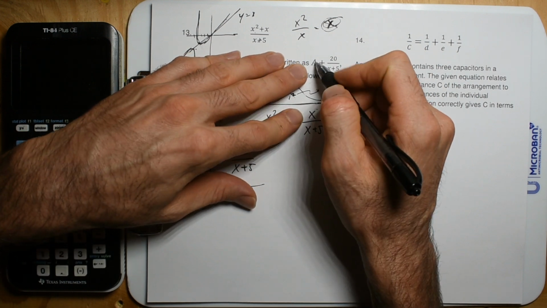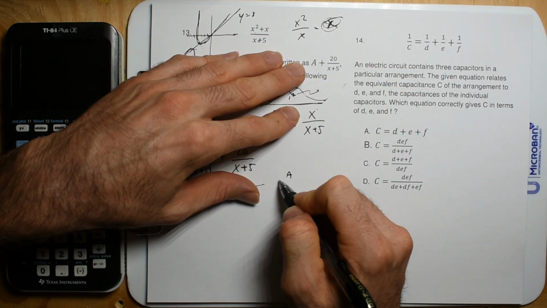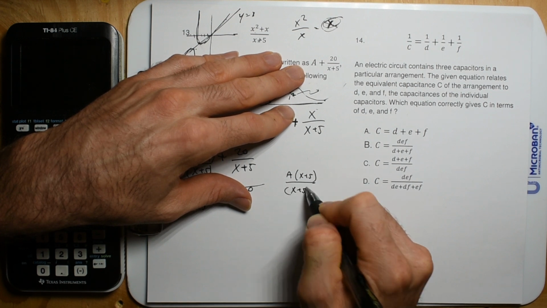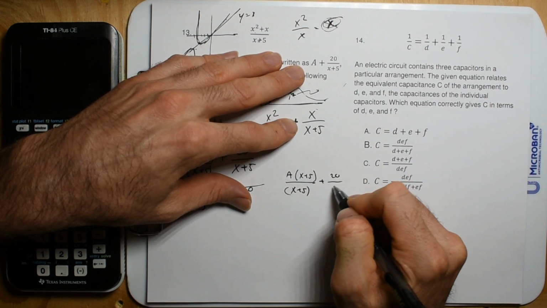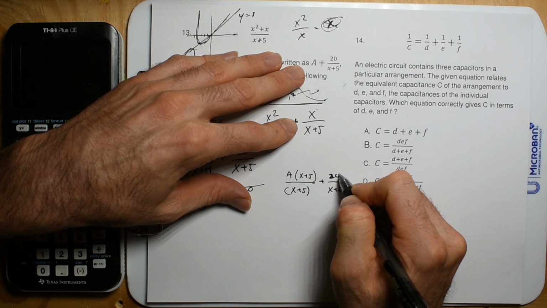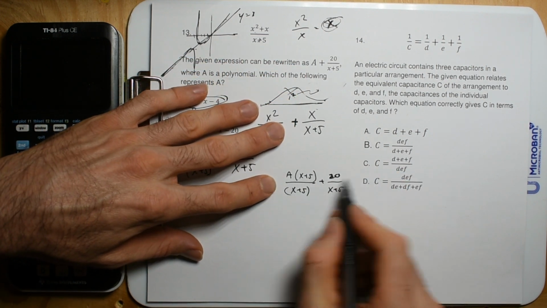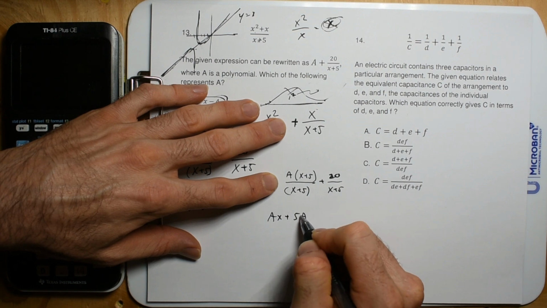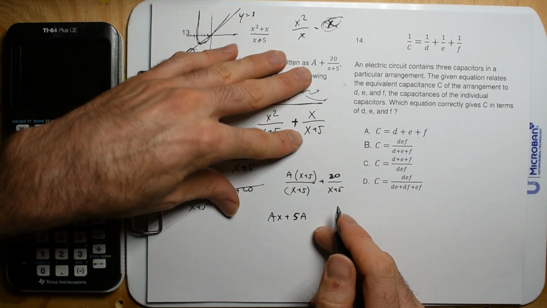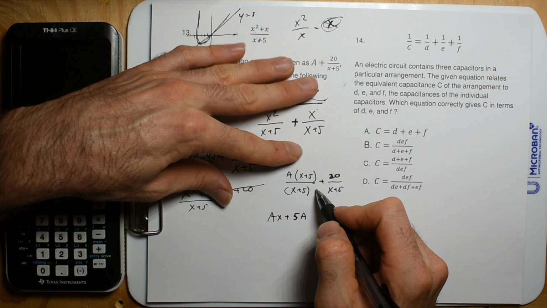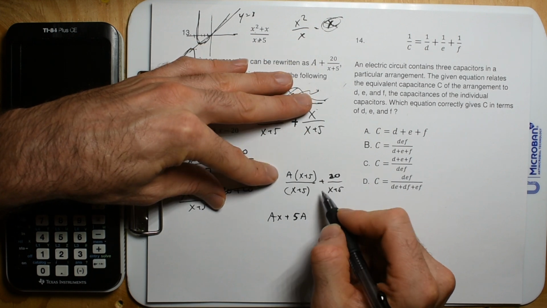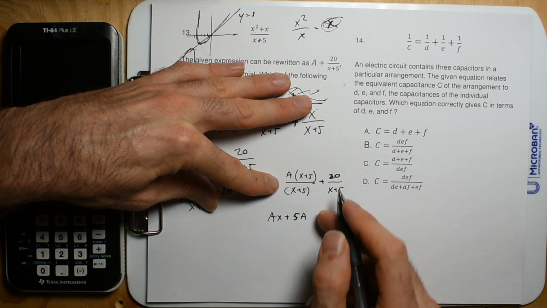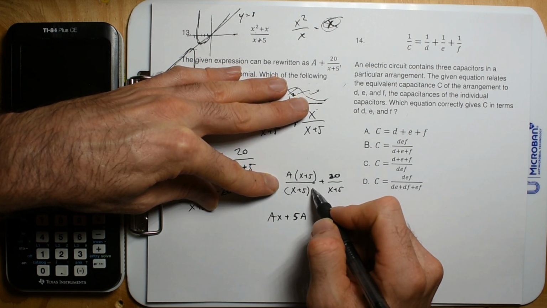To get this A, you would have x plus 5A divided by x plus 5, plus 20 divided by x plus 5. And then you could combine them, and you would have Ax plus 5A. I don't know if you'd want to do that yet. Yeah, I think we should. Holy Toledo.